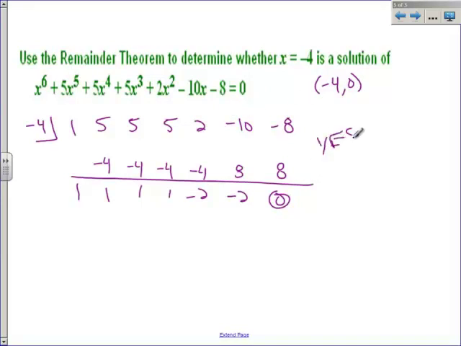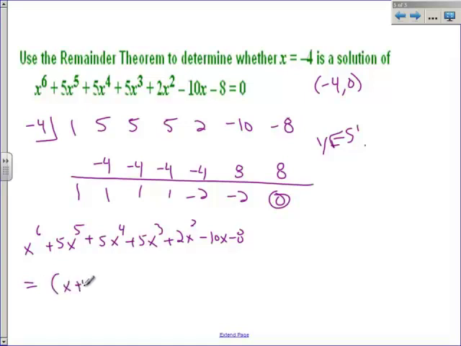But we also know the following. We know that x to the 6th plus 5x to the 5th plus 5x to the 4th plus 5x cubed plus 2x squared minus 10x minus 8 can be broken down into x plus 4.